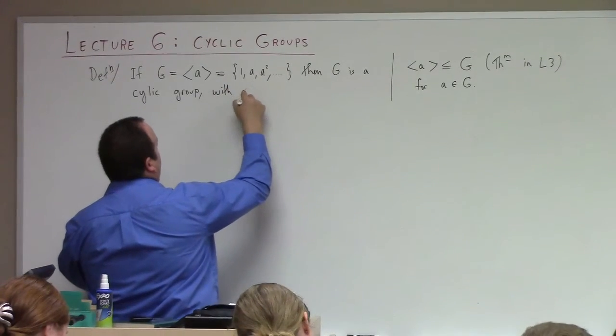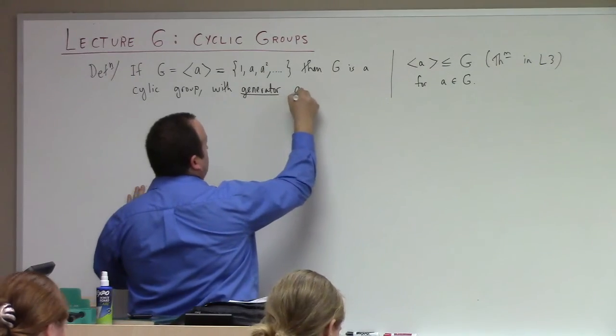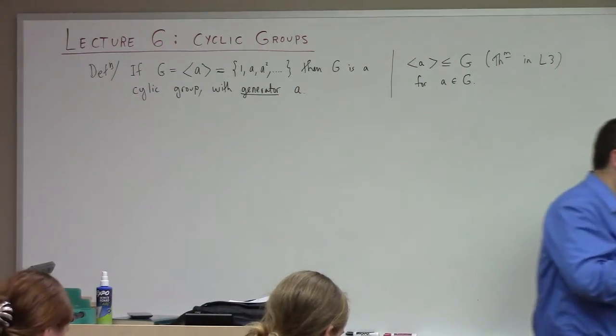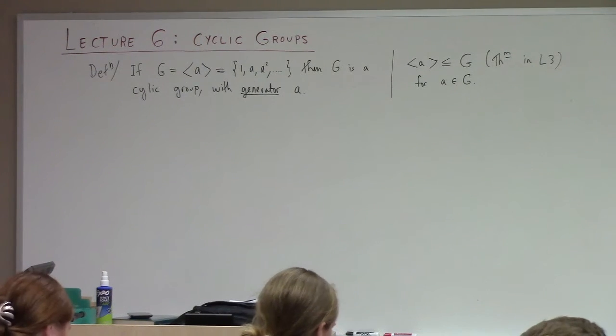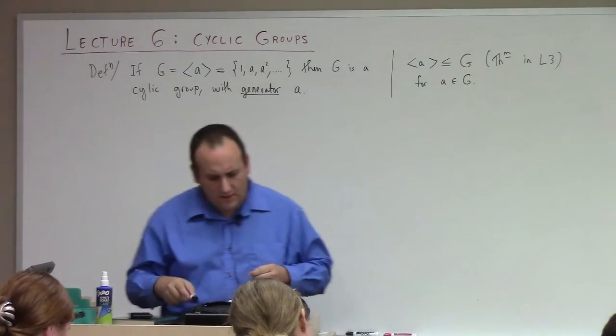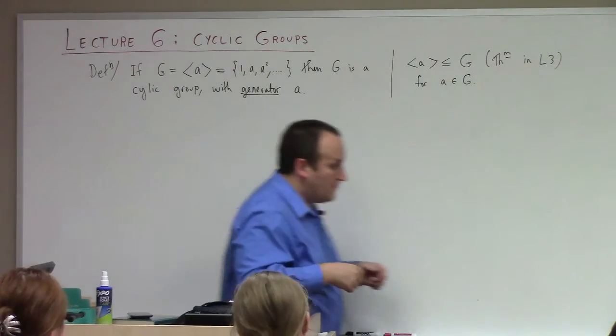So today what we want to try to understand is what's the structure of cyclic groups and what's the structure of their generators? What can you say about generators of cyclic groups? So let me just work an example or two here to get us started.